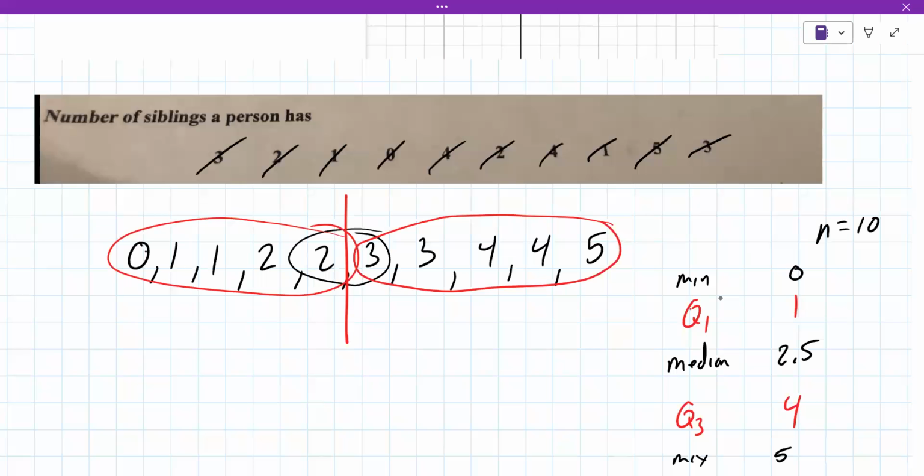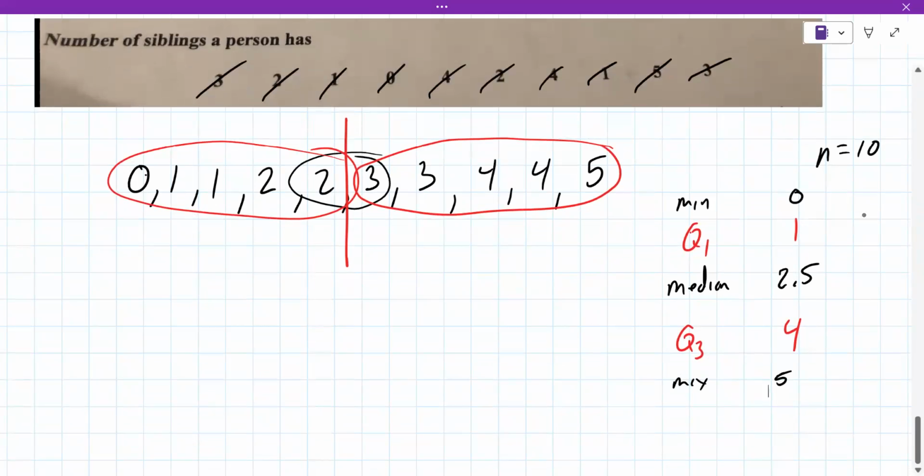Okay, so if we go back to the paper in front of you, it says be able to find the mean, median, mode, min, max, range, mean absolute deviation, first quartile, third quartile, IQR. We're going to get to all of them, but this is the 5-number summary. This is kind of your baseline. The IQR is the Q3 minus the Q1.